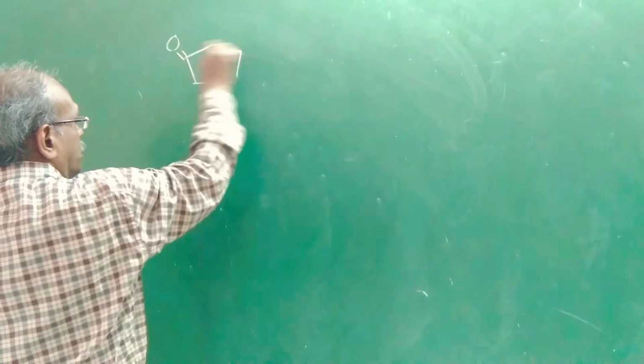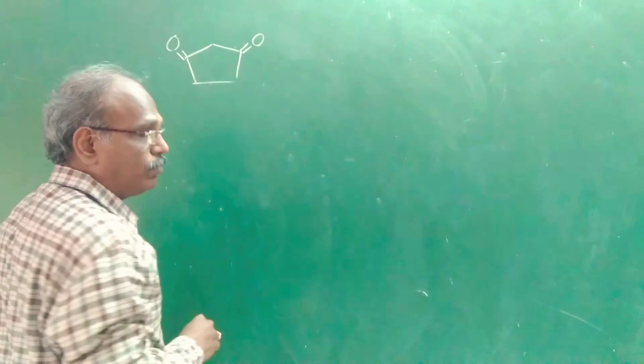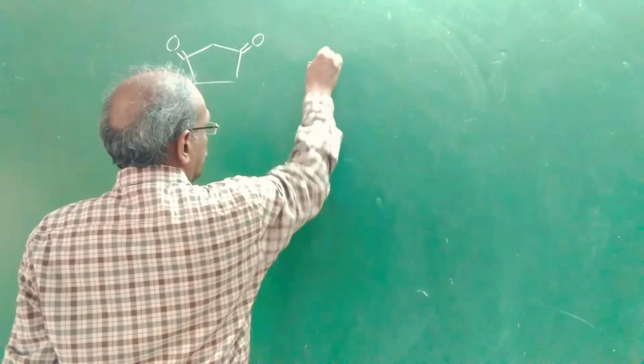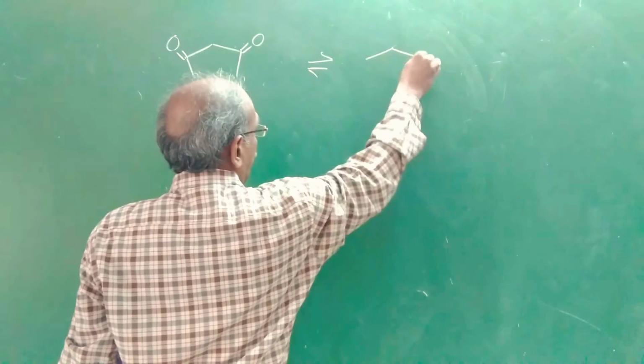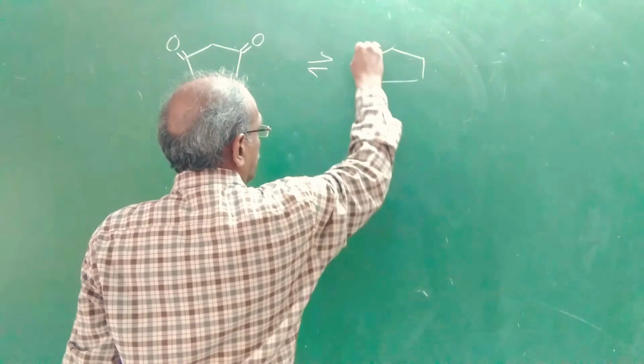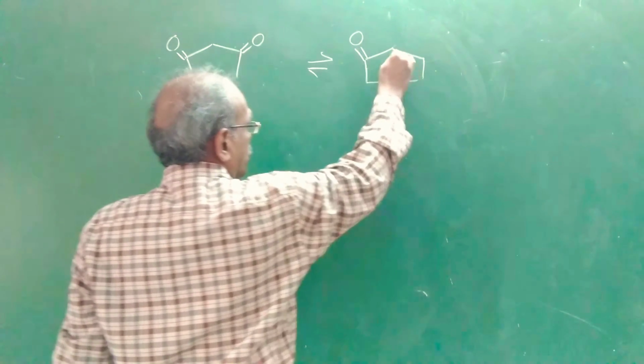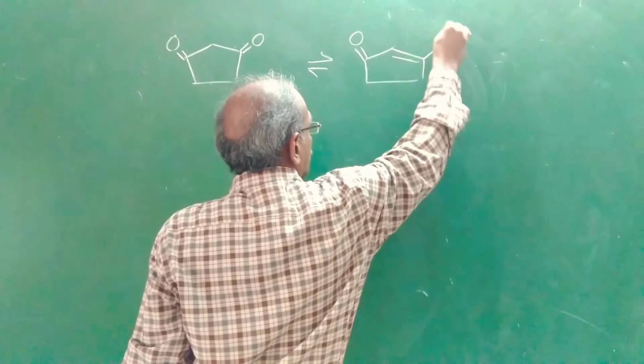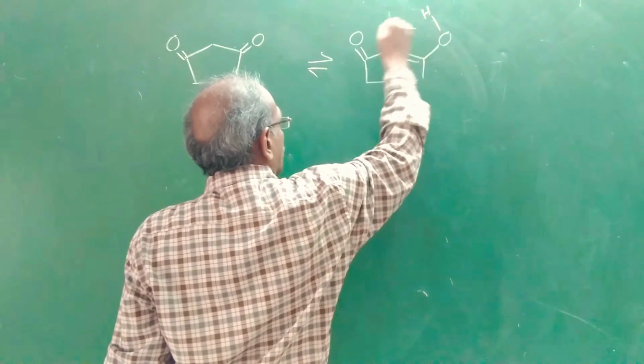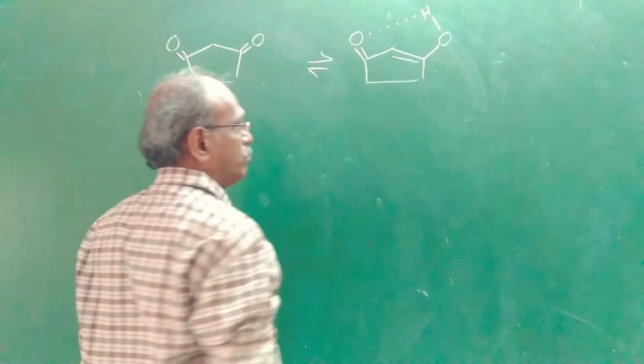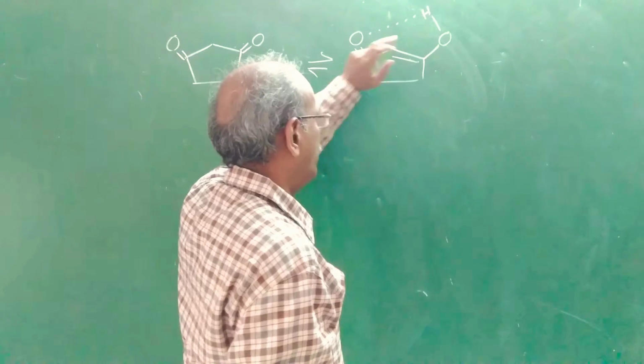this diketone, it's a tautomeric form, say double bond O, here OH, of course, with a hydrogen bond like that.